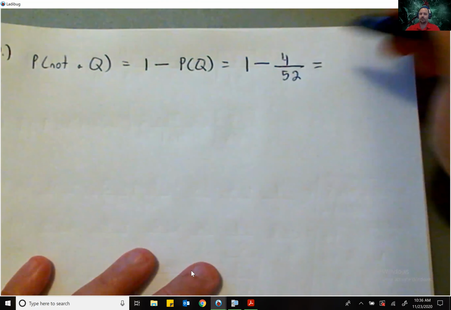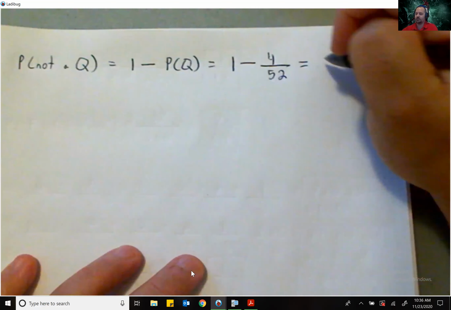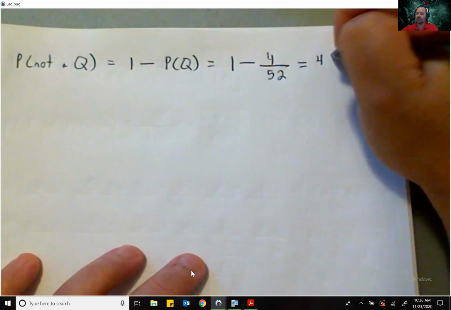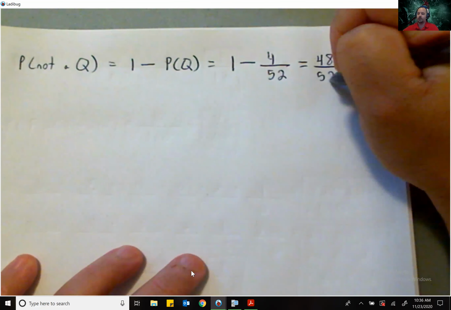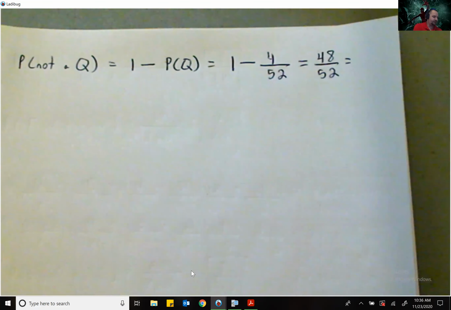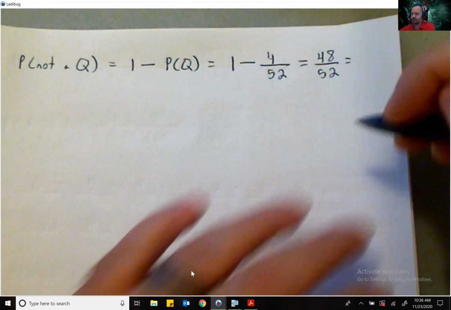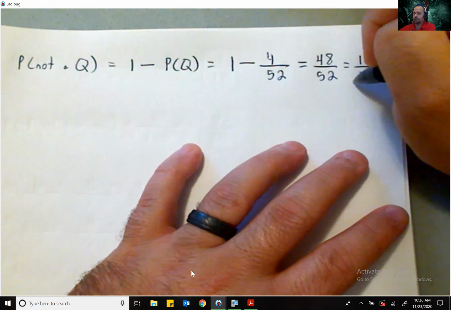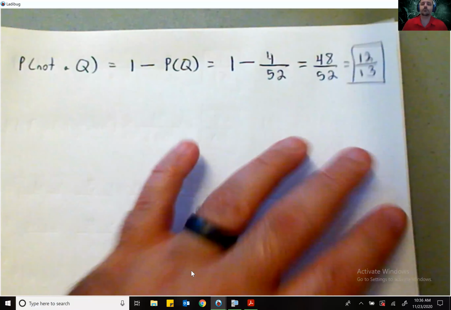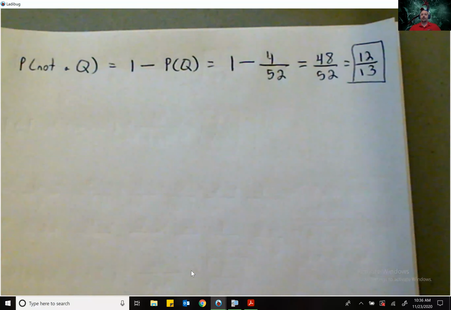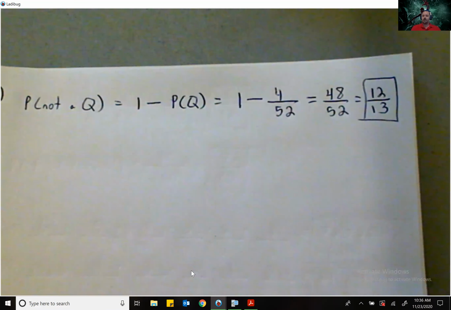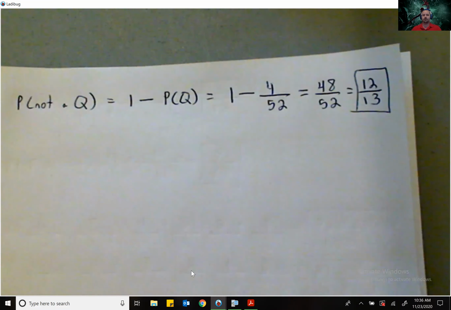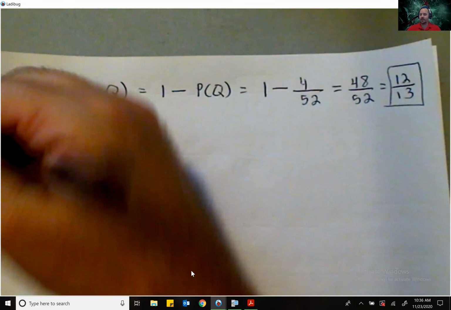So if I take 1 minus this, I get 48 out of 52, which will reduce to 12 out of 13. And there you go. There's the probability of not being dealt a queen. All right, 10.